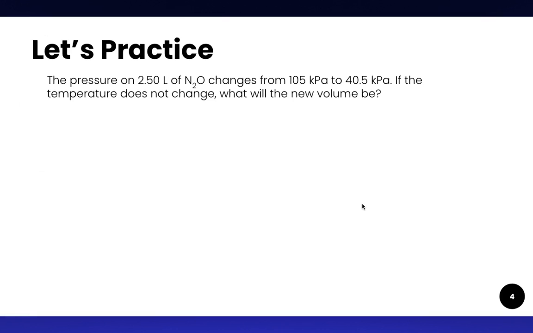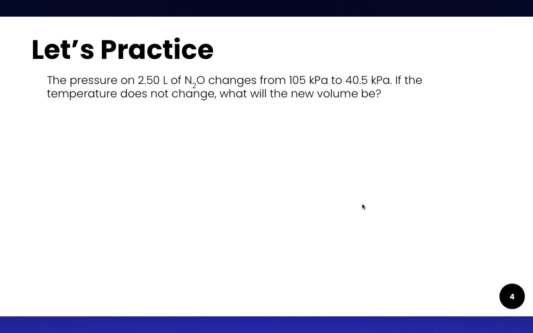Let's practice some word problems. The pressure on 2.50 liters of N2O changes from 105 kilopascals to 40.5 kilopascals if the temperature does not change. What will the new volume be?